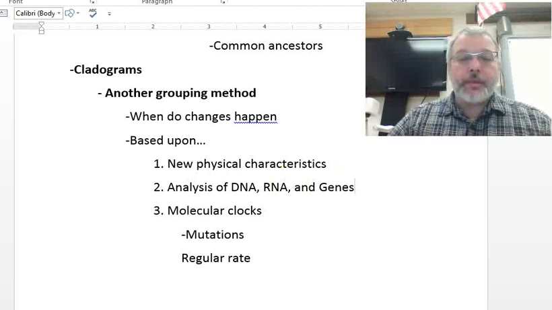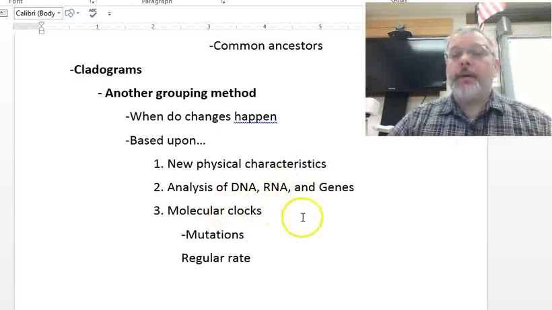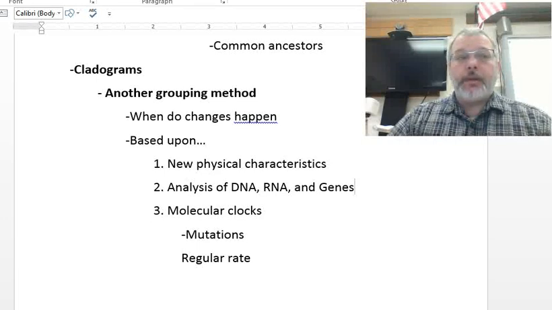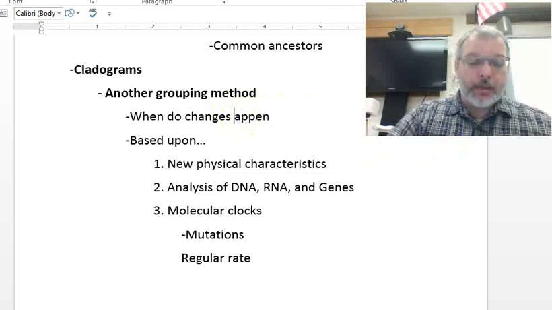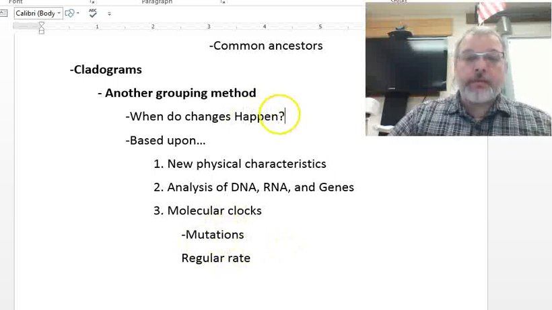The last one is something called molecular clocks. Now, a molecular clock is kind of a different thing, and it's something new, just recently, and really becoming more accepted. And this is talking about mutations in DNA. So if you're believing Darwin's idea, and he based some of his work on Lyell and some other scientists, then you would believe the Earth is very old.